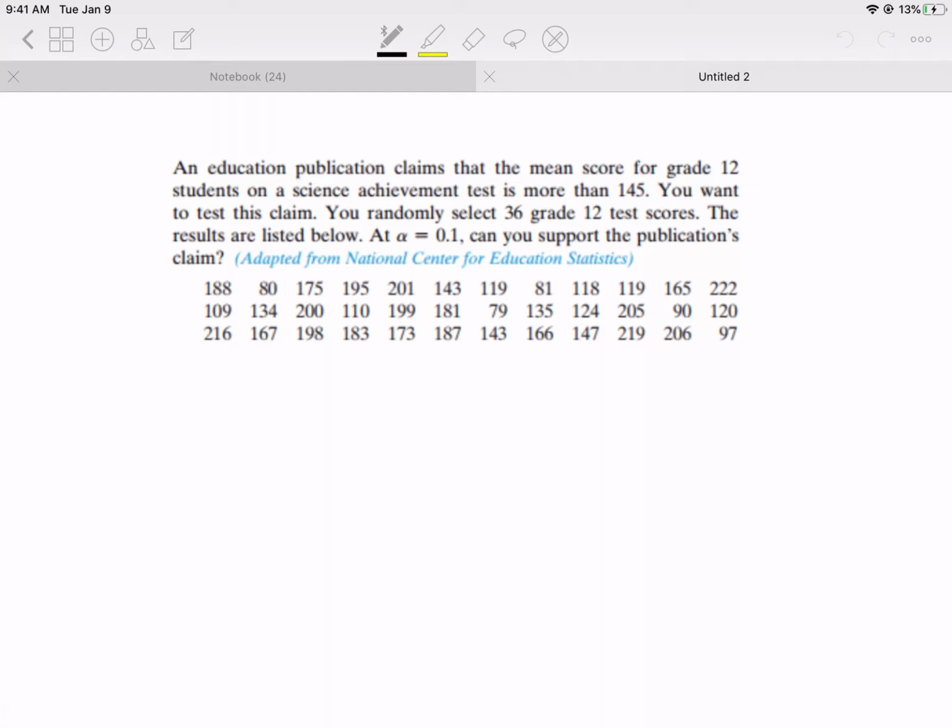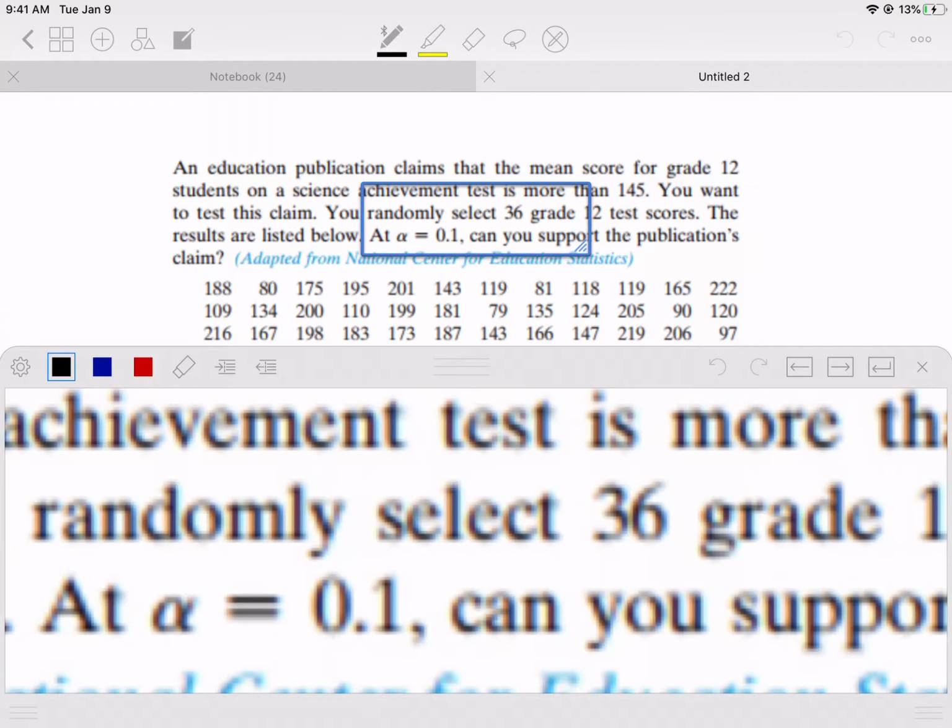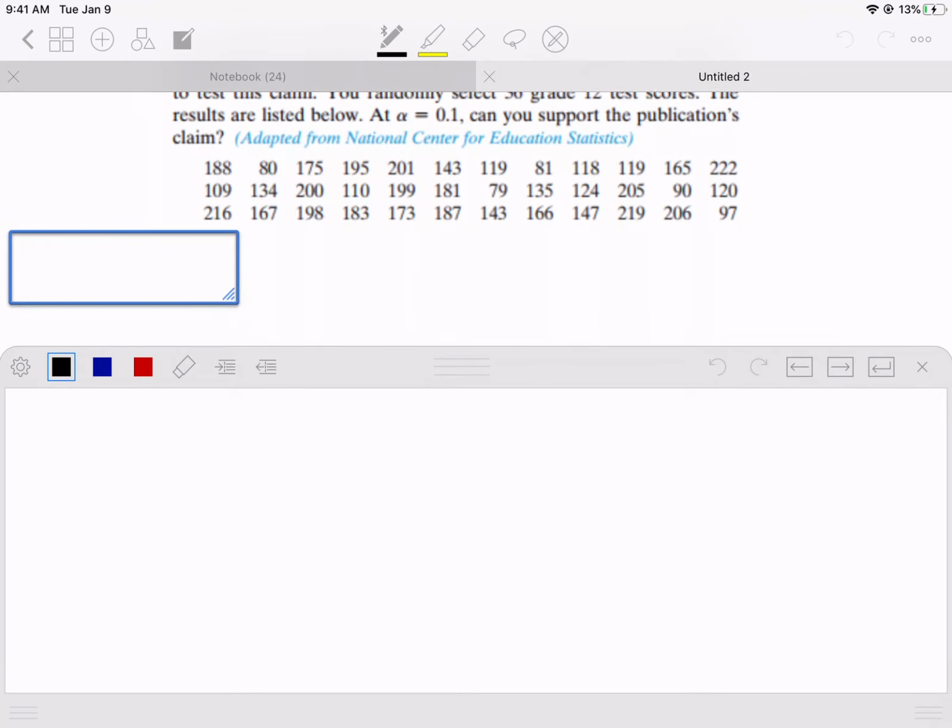Okay, so the first thing you want to do, step one, is figure out the population parameter that is being studied or tested.